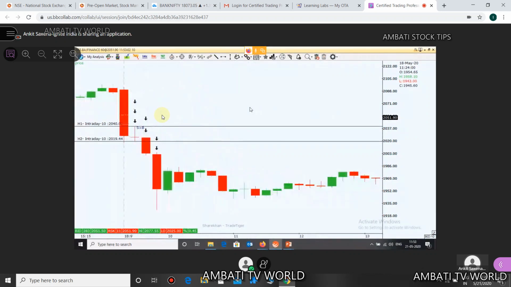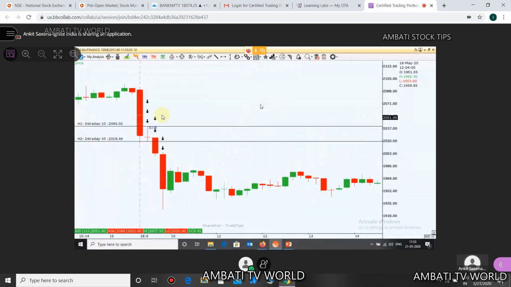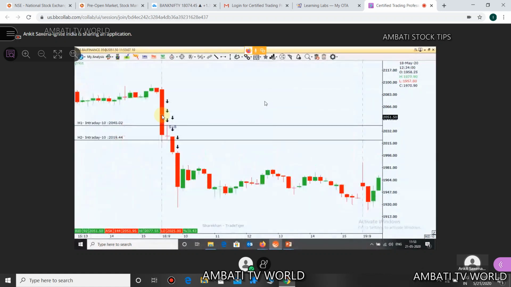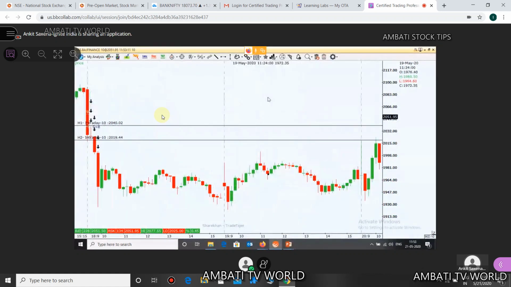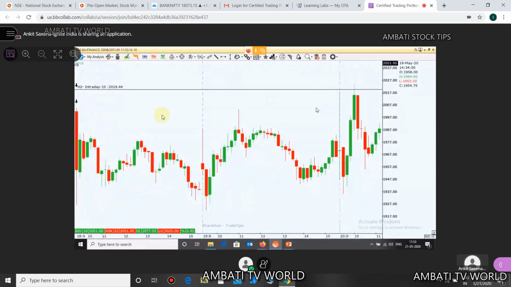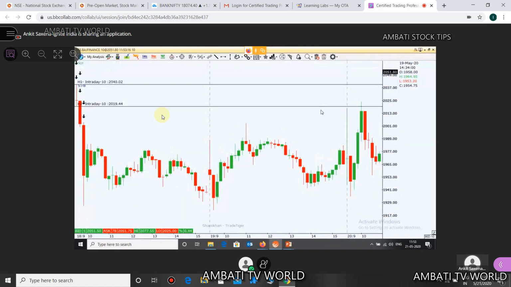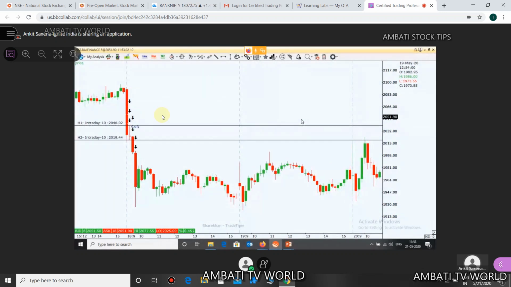When the prices come up to this level again, what happened? Prices came down from this level, and when it again came up to this level, again the prices came down, isn't it?